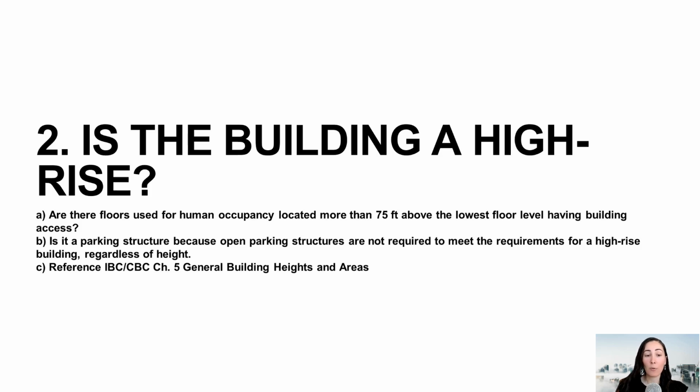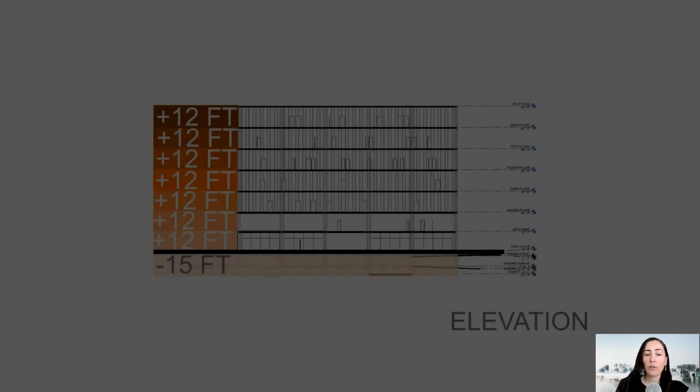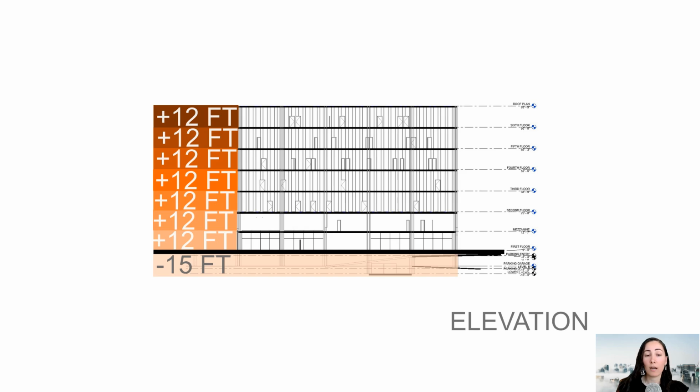Some occupancies, such as open parking structures, are not required to meet the requirements for a high-rise building, regardless of their height. Remember, the height as measured for a high-rise classification is not the same as building height. The lowest floor level is a parking garage and does not have human occupancy in our example. Therefore, we can ignore that 15-foot basement and instead focus on measuring the height of the building from level 1.